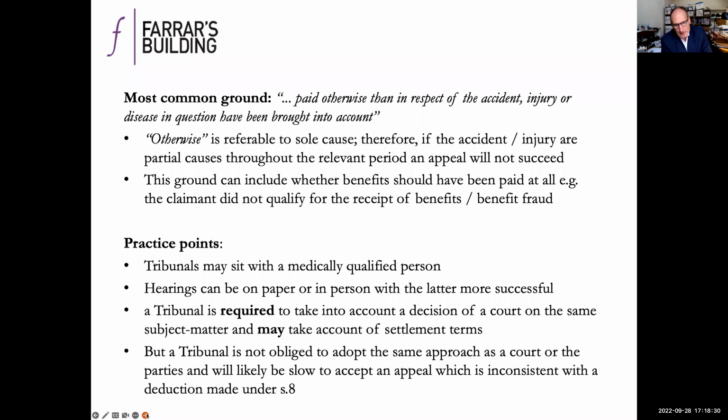So if the effective cause is the accident or an effective cause is the accident, then the fact that there are other causes which may have contributed doesn't make any difference to the outcome, and the appeal will not succeed. As you may imagine, there are lots of nuances to those particular points, and they will always be fact dependent and will rely very much on the evidence.